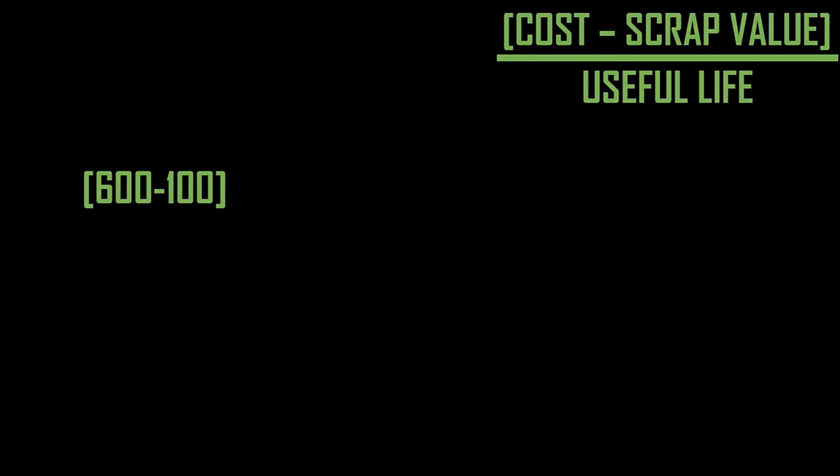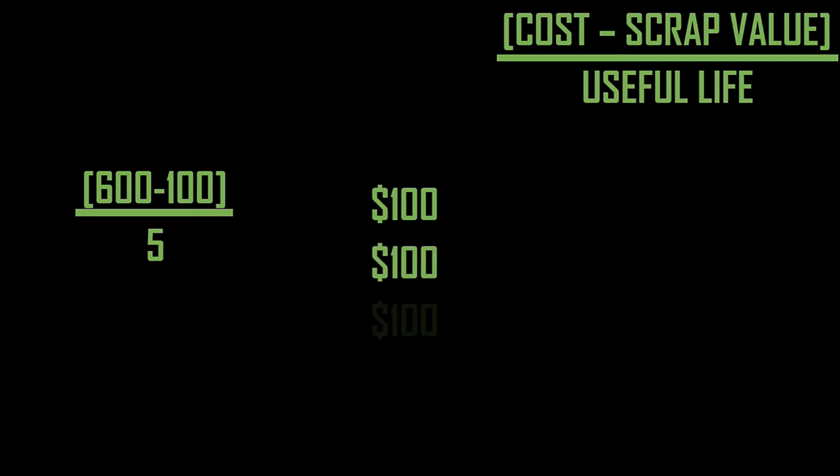Then the useful life, that is, I'm going to use it for 5 years. If you do that, you will get $100. This is the easiest method because the $100 is going to be the same for every single year.